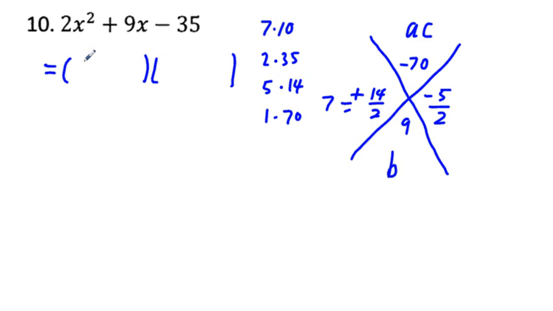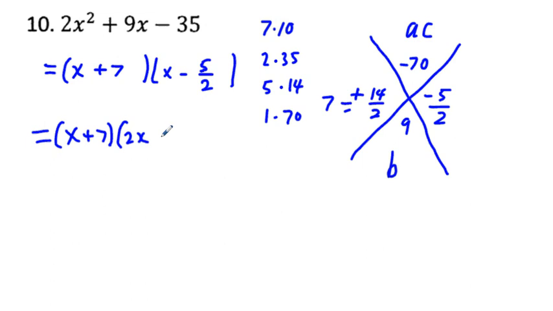So we're going to get x plus 7 times quantity x minus 5 halves. And then we bottoms up that 2, so we're going to get quantity x plus 7 times 2x minus 5.